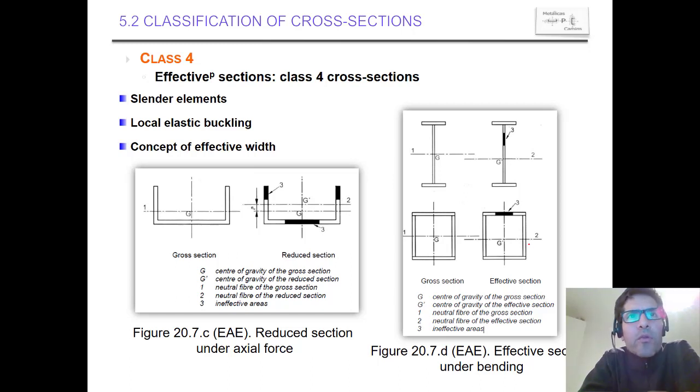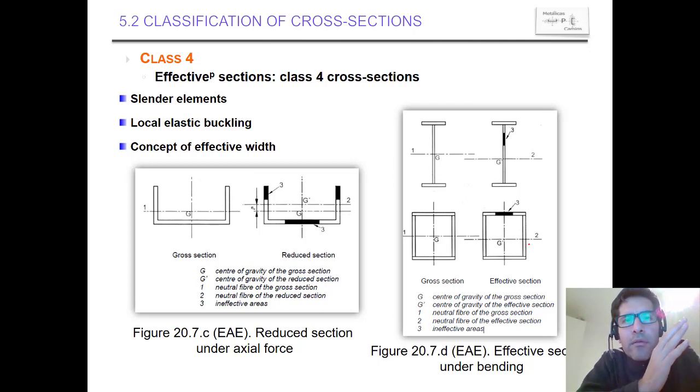We will see that afterwards anyways. So it is necessary to define two things. We need to define where and how big is this effective width.